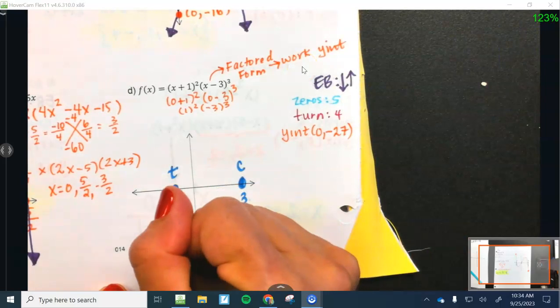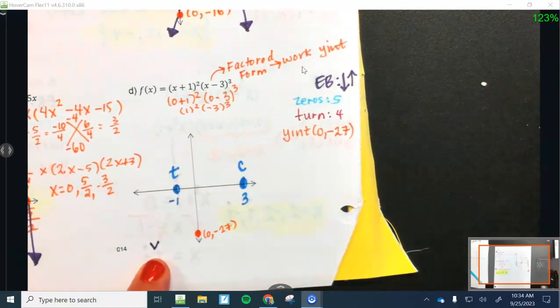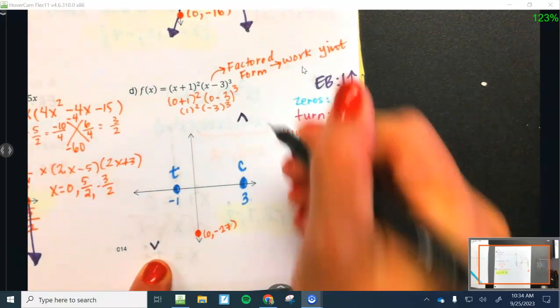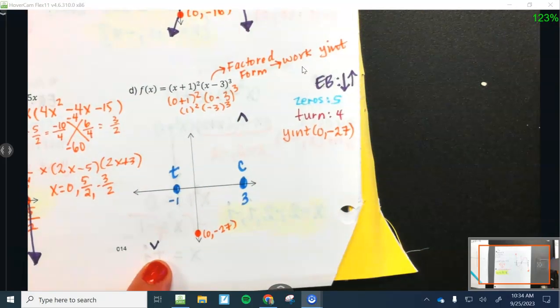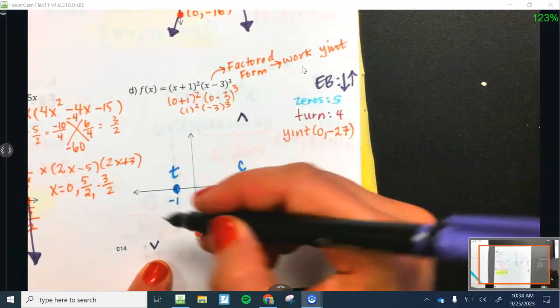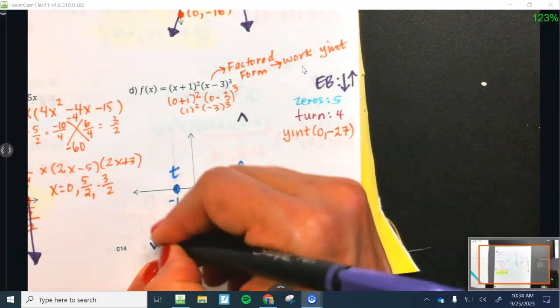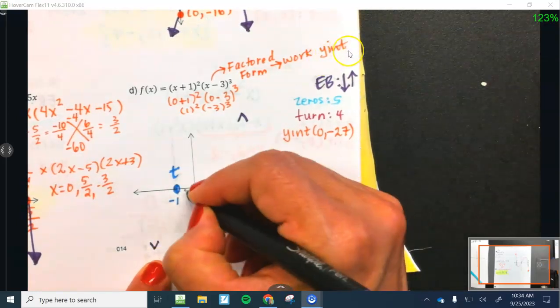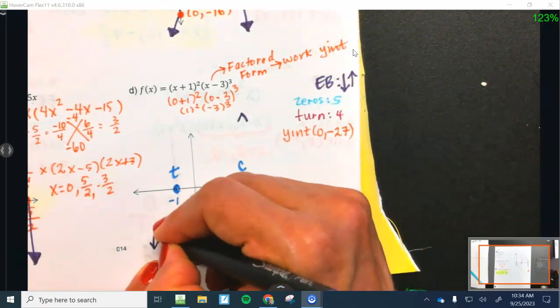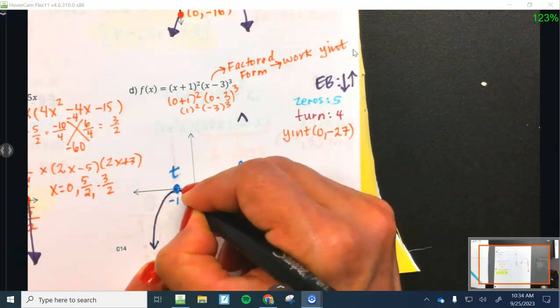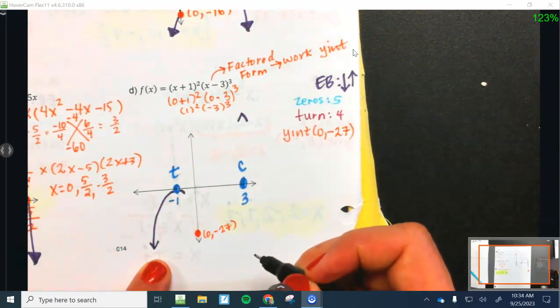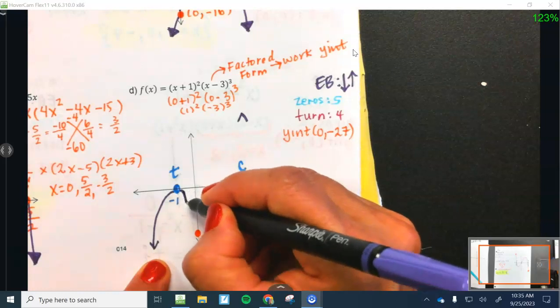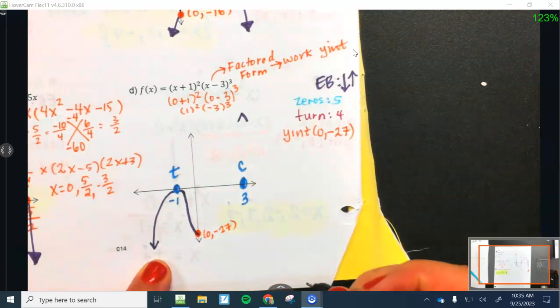There is an arrow down on the left, up on the right. Here we go. You just follow exactly what you drew. You drew an x-intercept up there, so your graph has to go up and bounce off of it. Go back down, hook through that y-intercept.